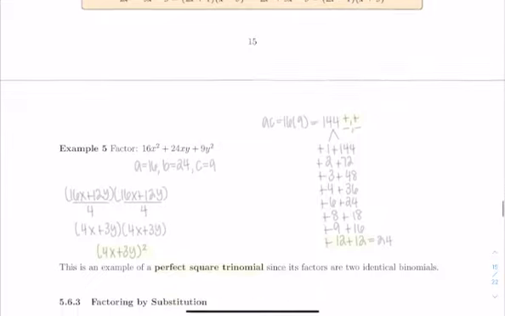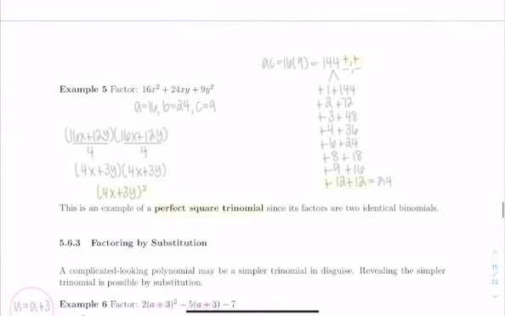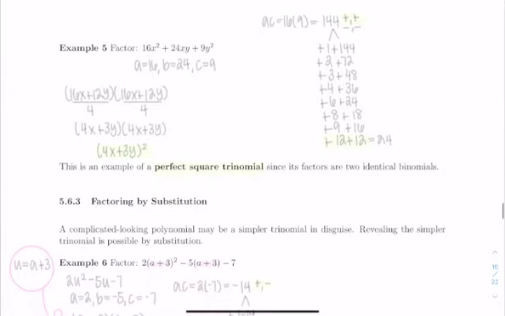Let's go ahead and do another one. 16x squared plus 24xy plus 9y squared. We want to factor this. Do we have a GCF that we can take out? We do not.